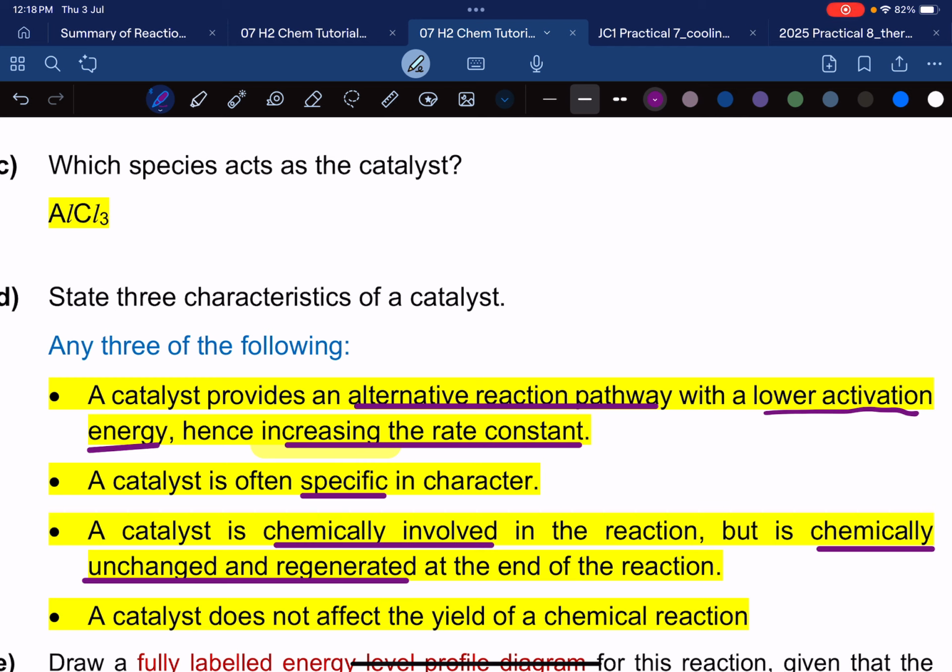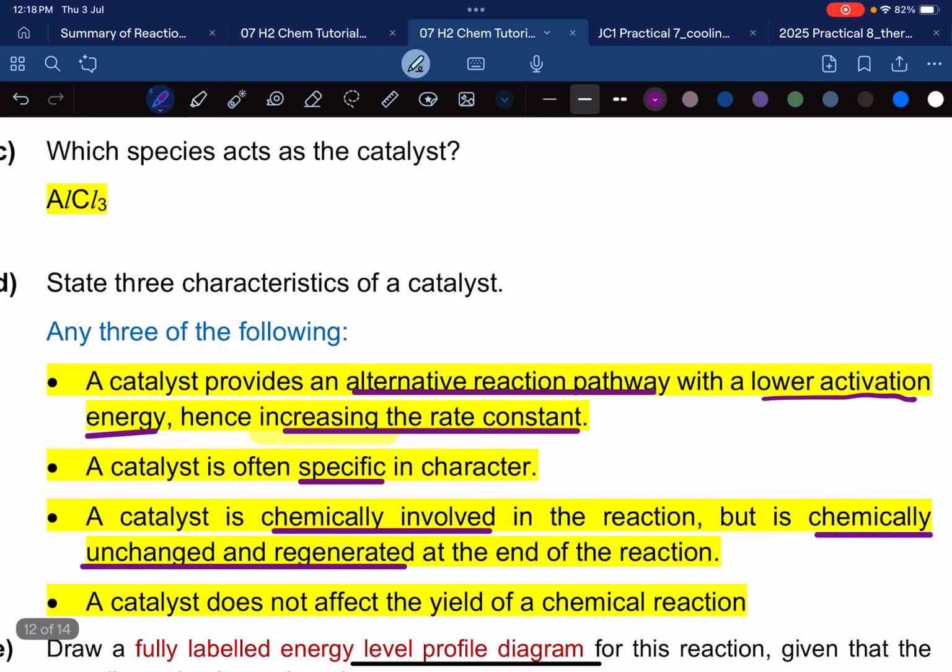This we can actually see quite clearly from the reaction mechanism just now. The last characteristic is that it does not affect the yield of a chemical reaction. Let me explain this a little. When we talk about yield, let's say we have 60% of a reactant being converted to the product when we don't use a catalyst.